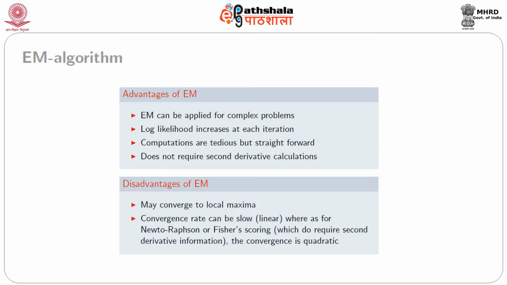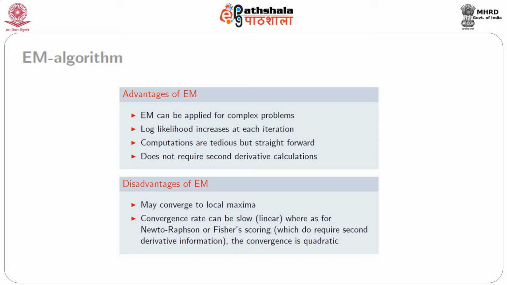The computation is tedious, but it is straightforward, and it does not require the second derivative calculation. Generally, maximum likelihood requires a second derivative computation, but here it does not.